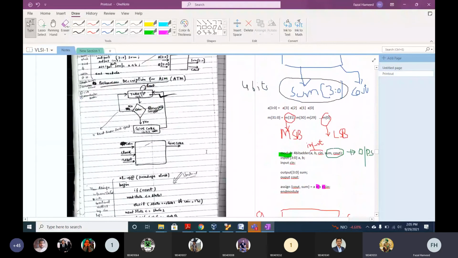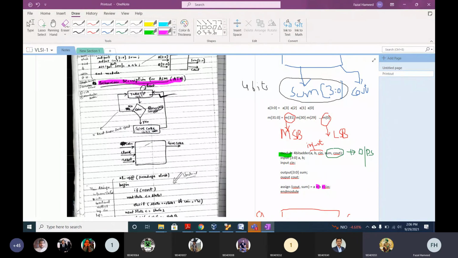So now, this is a behavioral description of any ATM, a very simple behavioral description of an ATM. If you look at this system, an auto teller machine, not the bank ATM, it's a very simple machine. So when you insert a coin into the machine, it will give you a Coke.